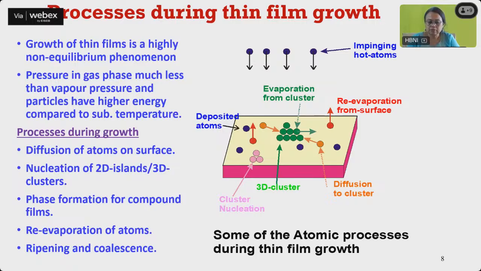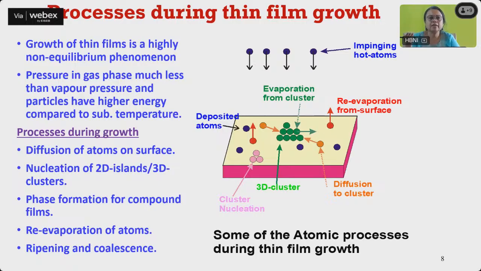But first, what exactly is happening during the thin film evaporation process? In thermal evaporation or electron beam evaporation, as we saw in the lecture the day before yesterday, we evaporate the material and it goes and sits on our substrate. So what is happening on the substrate?